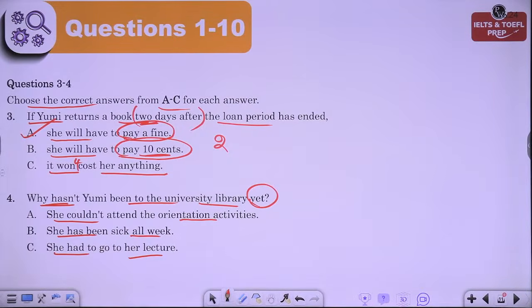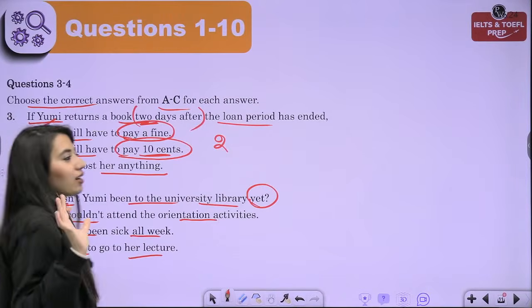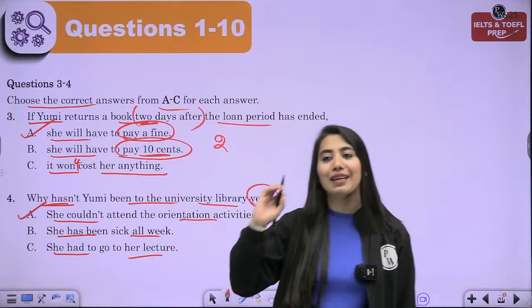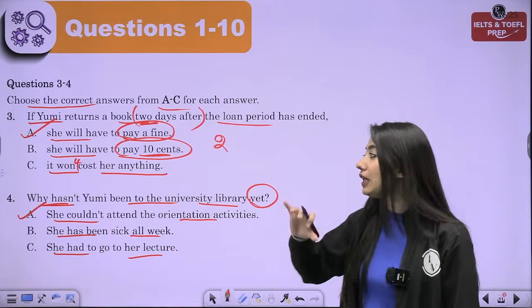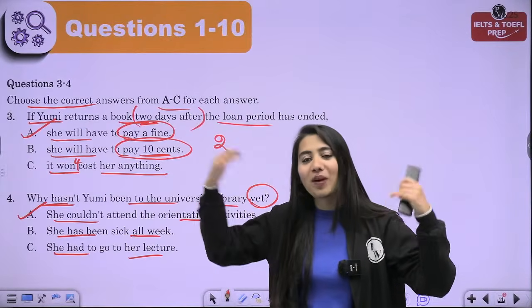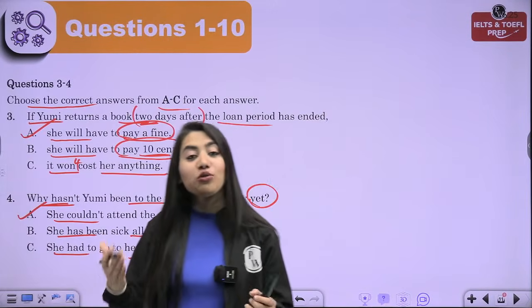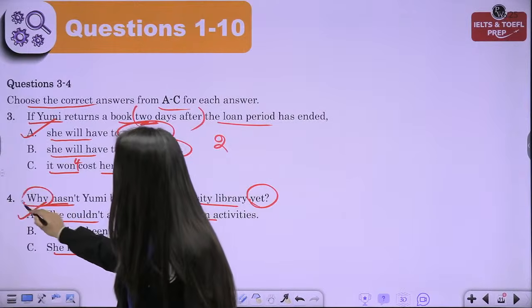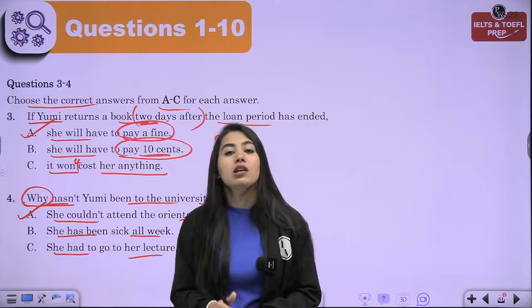The answer will be A. I know what you people must have marked, B. I'm damn sure about this. Why? Because she mentioned that I was sick the whole week. But what was I telling you earlier? That you need to figure out the reason, the main reason. You are asked why. So what does the WH word why mean? Reason.